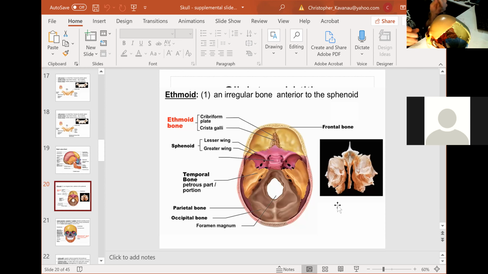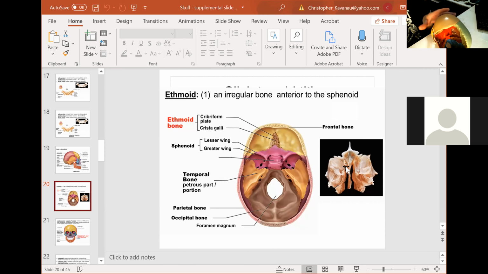The ethmoid bone is visible from a number of places. One place, looking at the PowerPoint here, is a decalvarated skull. So right in here, not the yellow, remember, that's the frontal bone, but right in here, that's the ethmoid bone. And this is the ethmoid bone disarticulated from the rest of the skull.